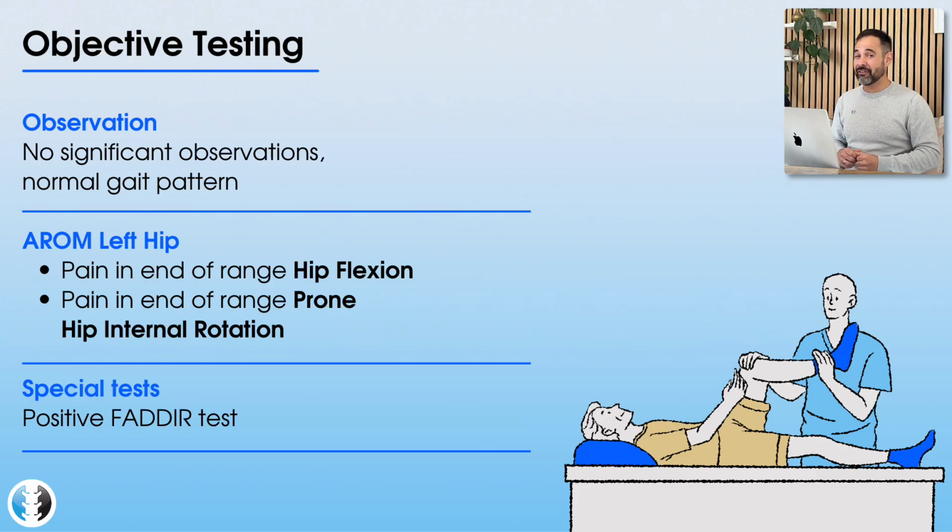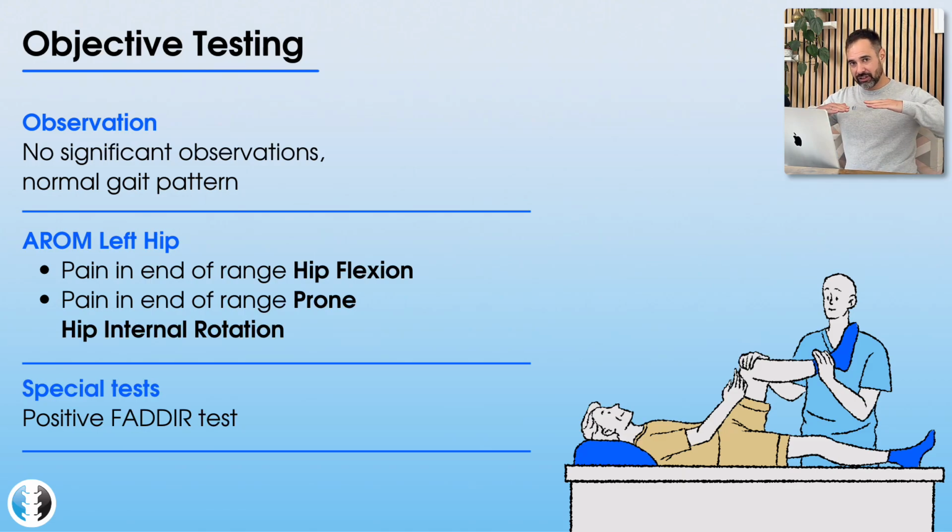And again, we didn't find a huge amount of abnormalities. First of all, they had full range of movement in all the main directions of flexion, extension, abduction and adduction, internal rotation and external rotation. However, there were two main movements that seemed to irritate their hip at the end of range, and that was passive hip flexion done in a supine position and also prone internal rotation.